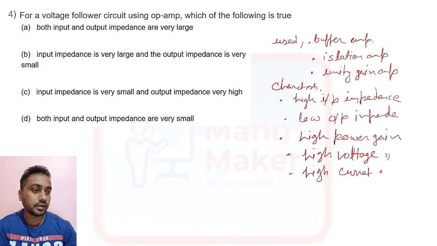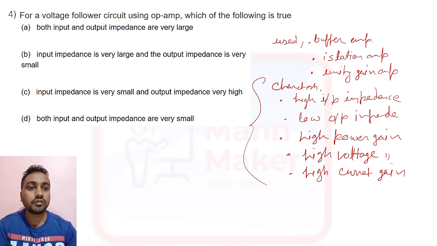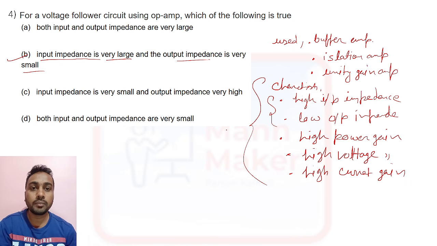These are the characteristics of a voltage follower. So in the options, you can see option B: input impedance very large and output impedance very small. This is the characteristic of a voltage follower circuit.